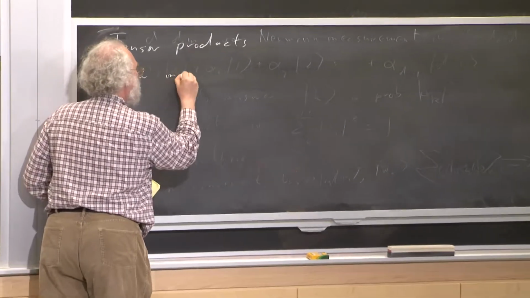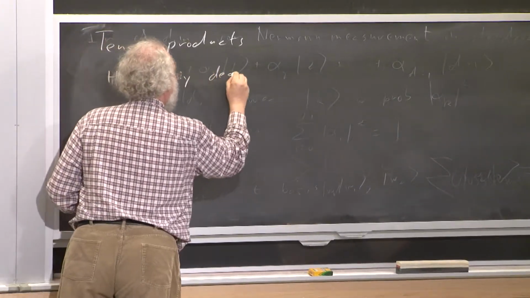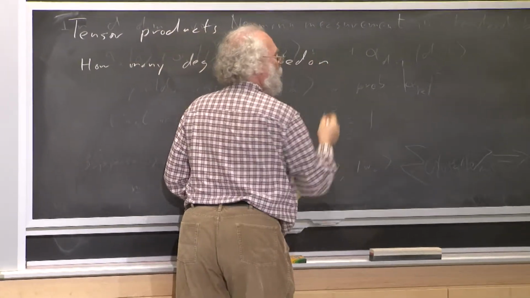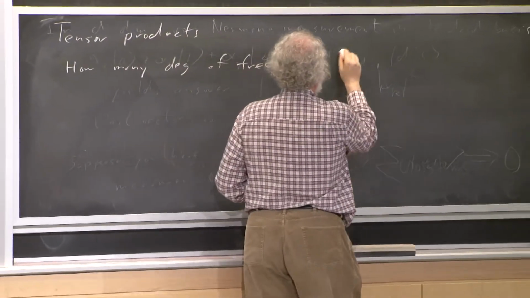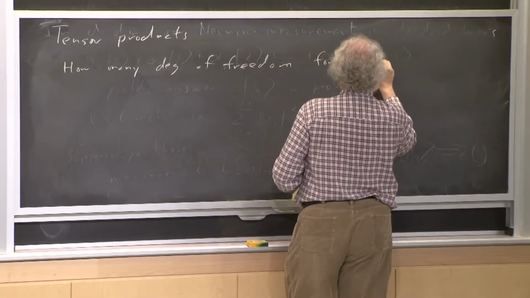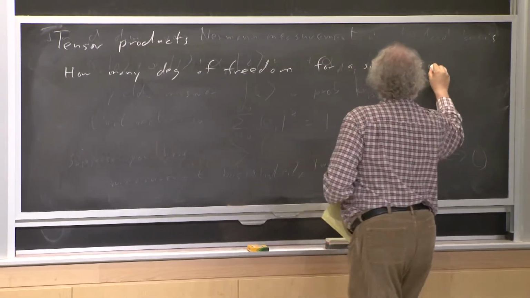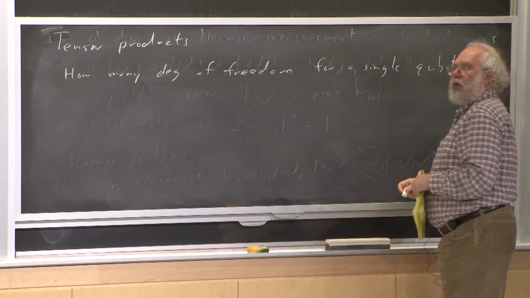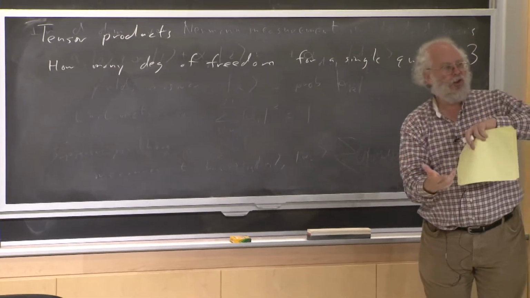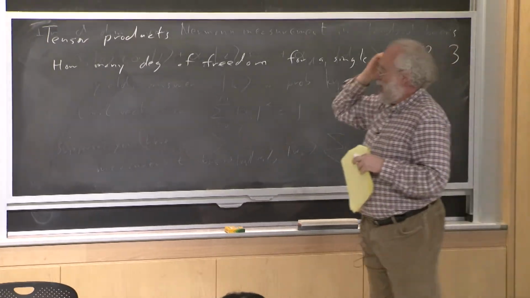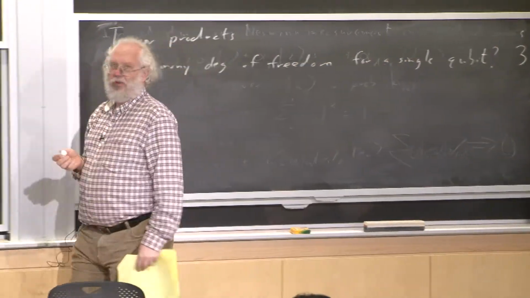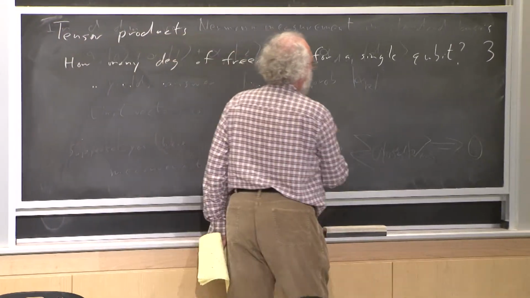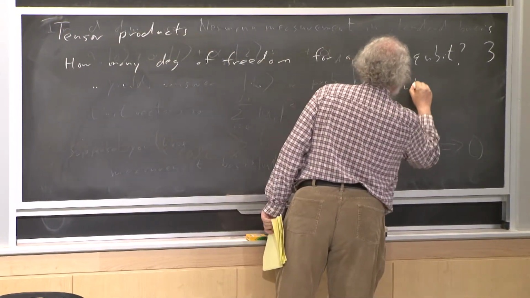Well, how many degrees of freedom for a single qubit? Well, there were 3, remember, because you had a Bloch sphere, and the qubit could be anywhere on the Bloch sphere. So how many degrees of freedom for 2 qubits?